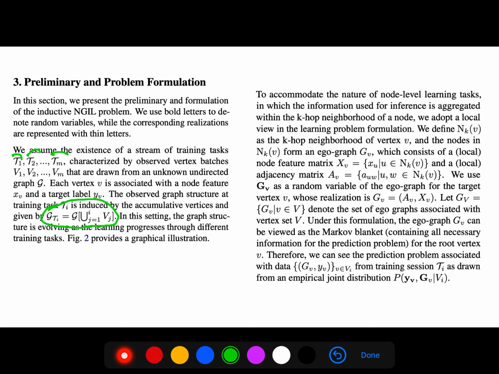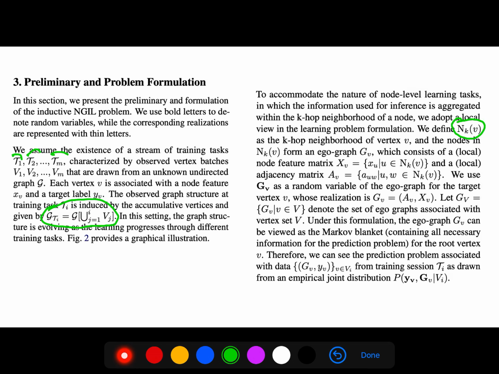To accommodate the nature of node-level learning tasks, in which the information used for inference is aggregated within the k-hop neighborhood of a node, we adopt a local view in the learning problem. So this N sub k is the k-hop neighborhood of vertex v, and N_k of v forms an ego network, the ego neighborhood of vertex v, which consists of the local node feature matrix and a local adjacency matrix.